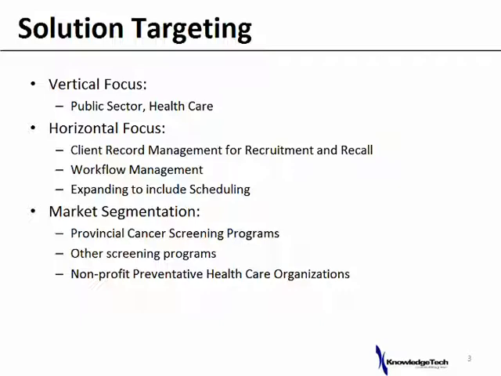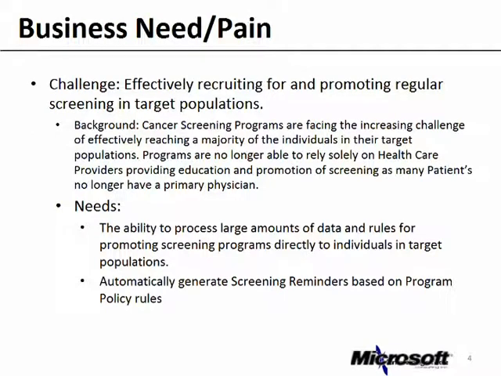Okay, makes sense. So the main business need or pain that was addressed at the BC Cancer Agency is that they didn't have a way to effectively recruit and promote regular screening to target populations.